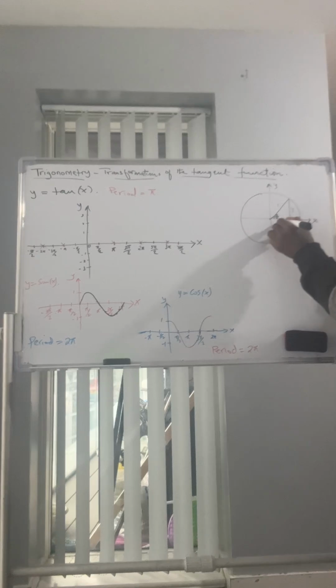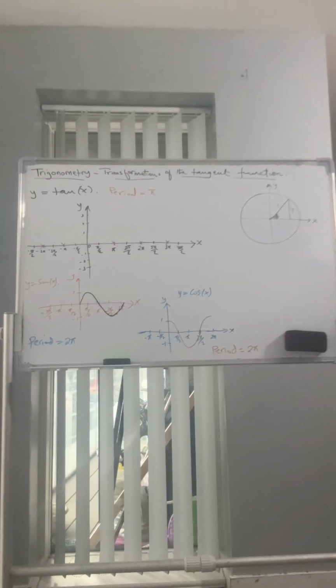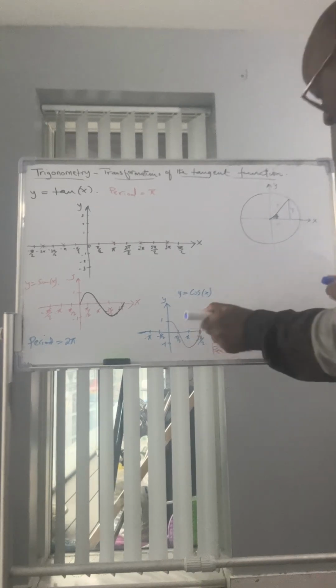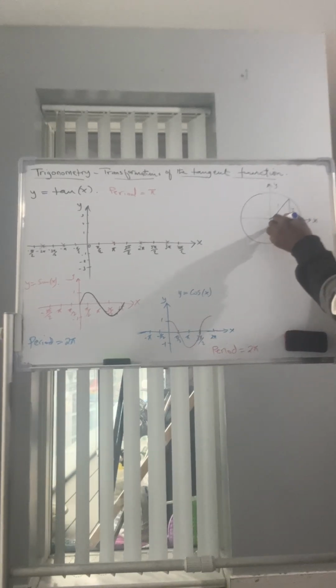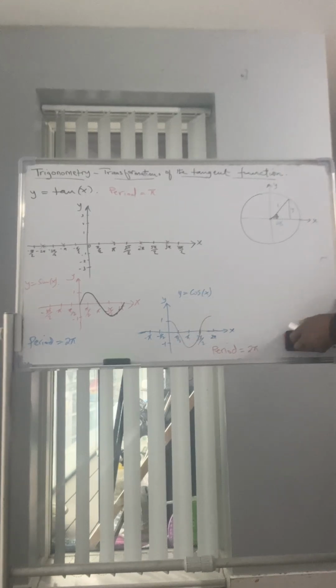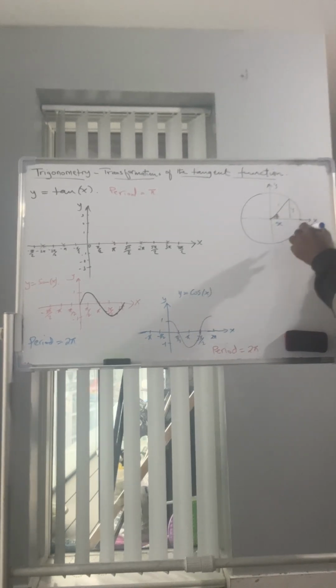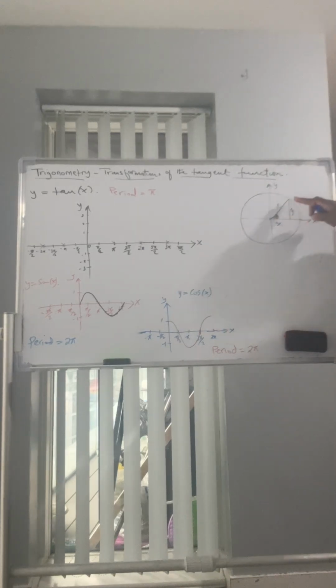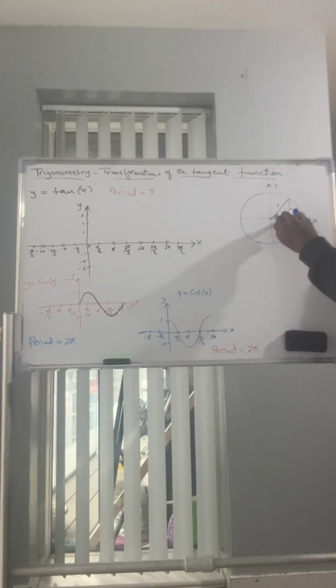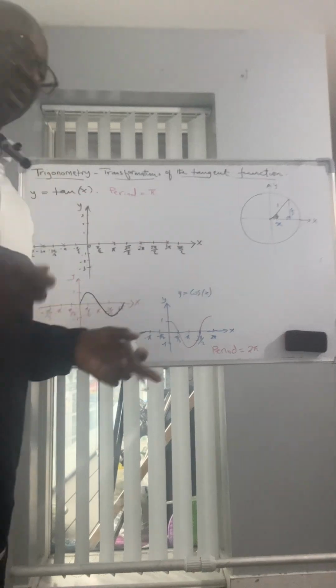Here we have our x, and here is y. This is 1. We call it the unit circle because this is the radius of the circle. So the radius is 1 unit. Could be 1 kilometer, 1 meter, 1 centimeter, 1 whatever, but it's 1 unit.